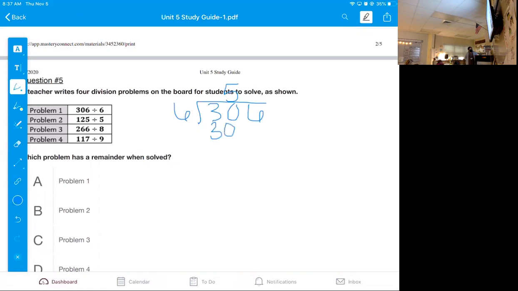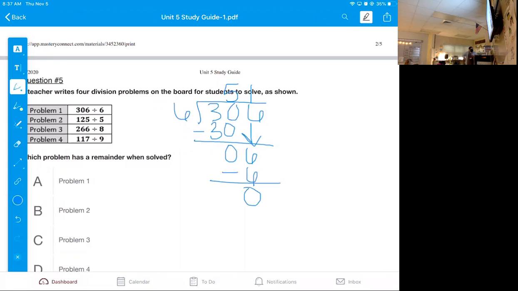Then I subtract. 30 minus 30 is 0. Bring down my 6. How many times can 6 go into 6, everybody? 1 time, because 6 times 1 is 6. So when I subtract that, I have a remainder of 0. So is problem number 1 gonna have a remainder? No, because we got 0 at the end.